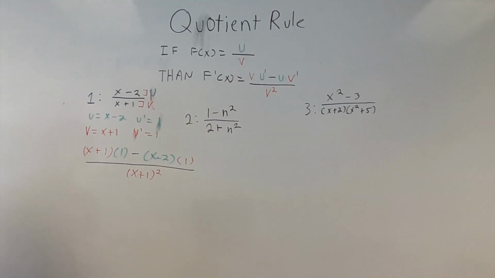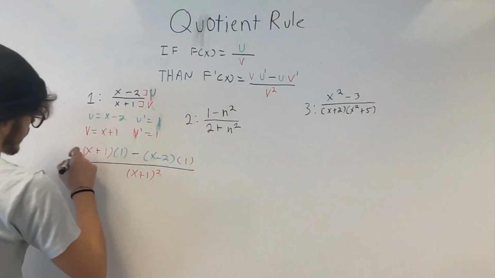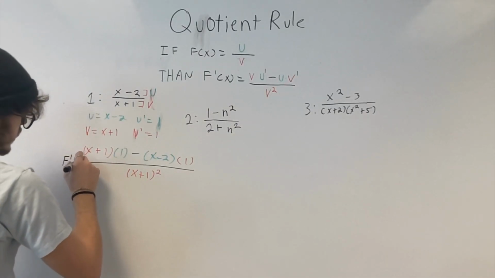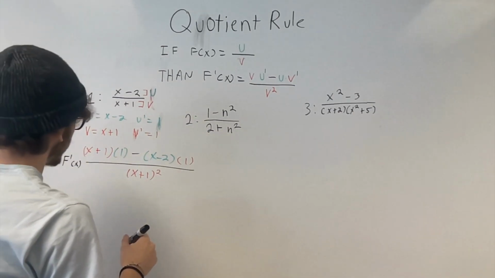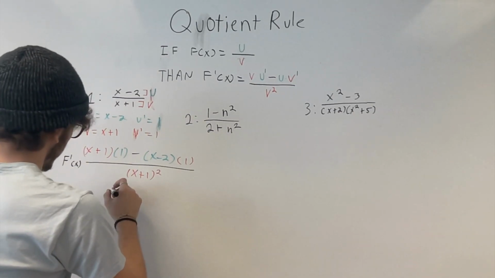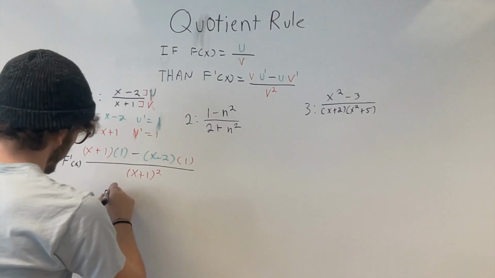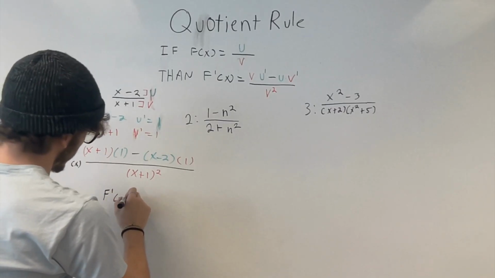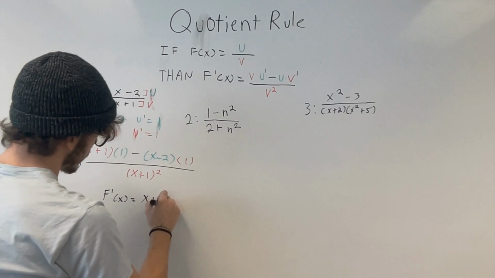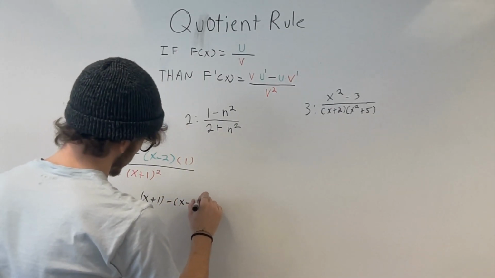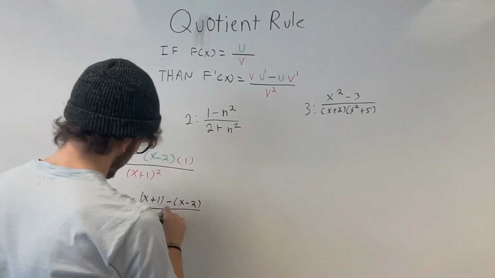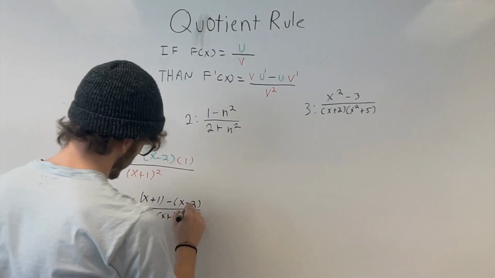Now, we could simplify this a step further and notice that we have the 1's and just cancel them out. So let's go ahead and do that, shall we? So we'll say that f prime of x, I'm going to get rid of the color coding here, I apologize, is x plus 1 minus x minus 2 all over x plus 1 squared.